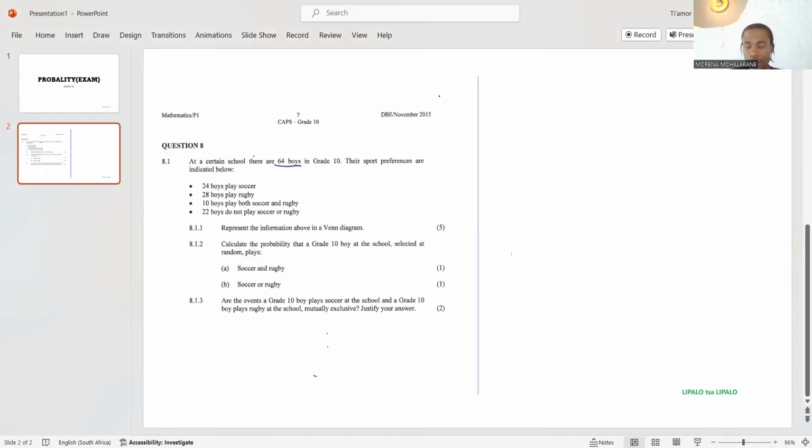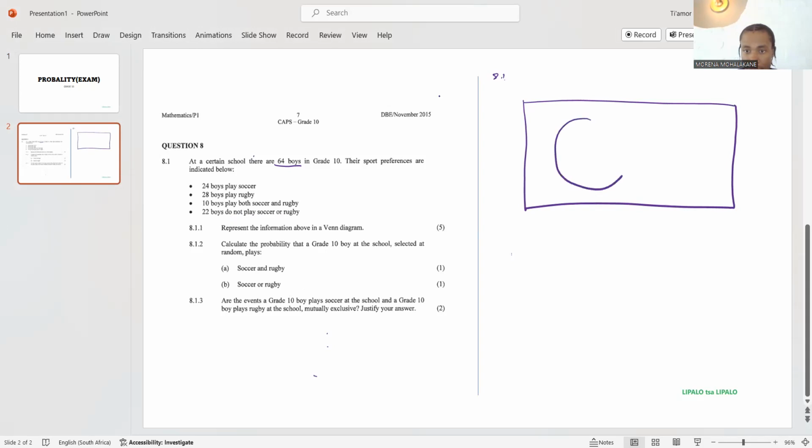So the first question is to represent the Venn diagram, of course, right? So I know that I'm going to have the box. There's my box there. And then I'm going to have an event, right? So for me to sketch the second event, I need to check if there's an intersection.